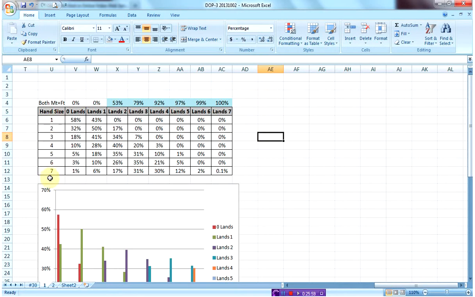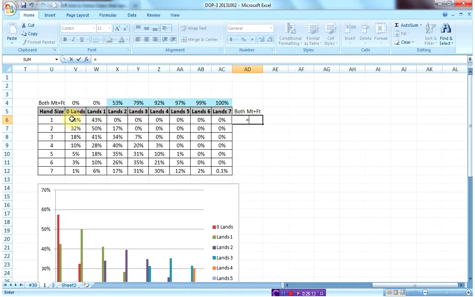So I can look at, for a hand size, what is the odds of both mountain and forest. I can do that by saying this is where we have the probability of 2 independent events is the probability of event 1 times the probability of event 2. So for a hand size of 1, there's a 58% chance of having 0 lands, and if that happens, the odds of me having 1 of each is 0%.